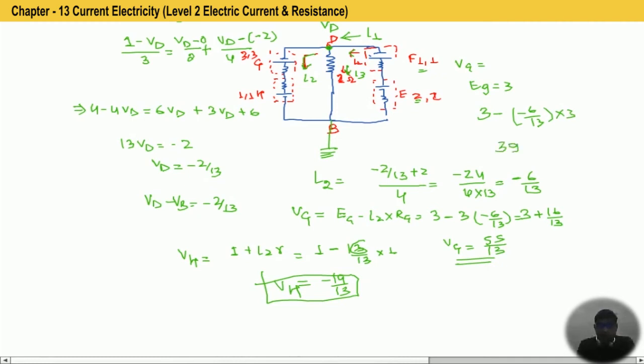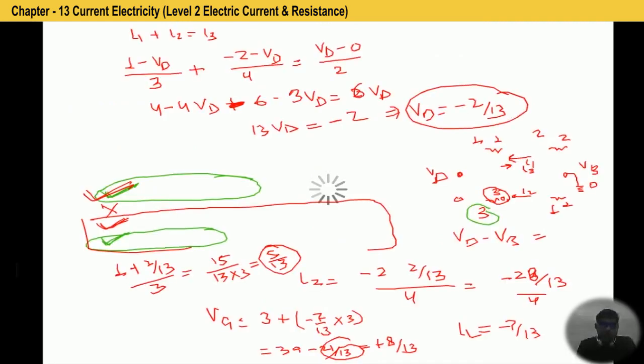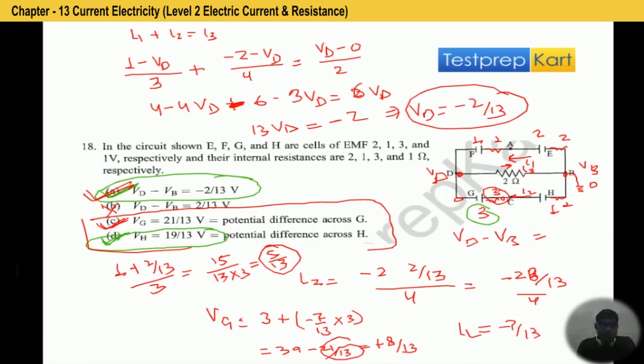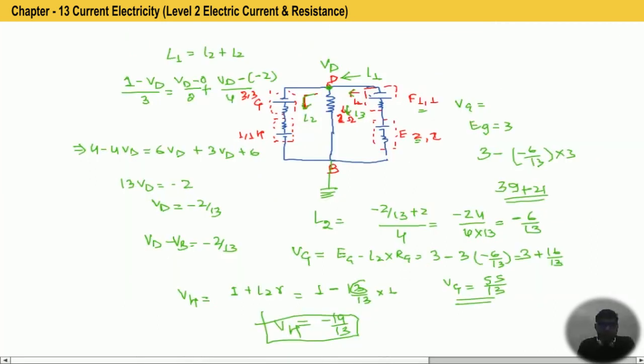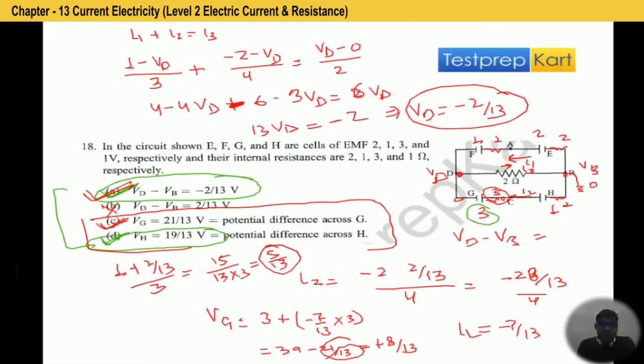Okay, so this is 39 plus 21. Okay, so definitely there is some printing error. So options A and D are correct as per my calculation, and if we take a different orientation of the cell, then we are getting 21 by 13 as well. Okay, so please recheck the calculation once.